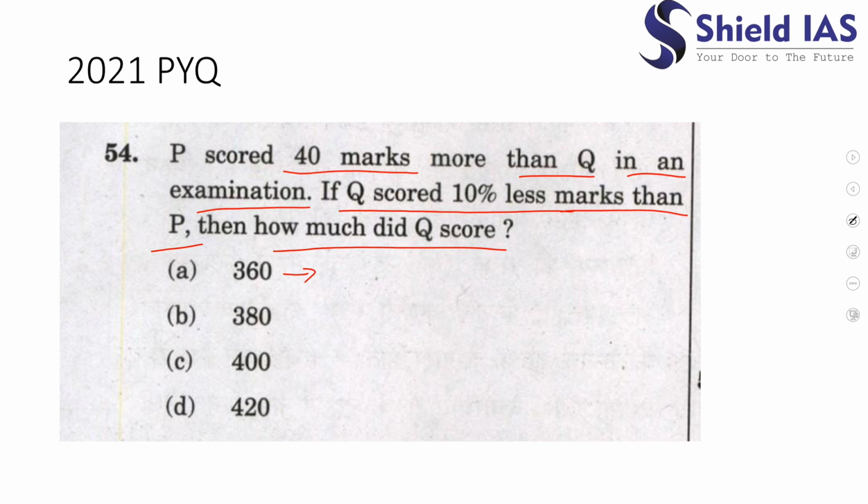So what would be the marks of P? 40 marks more than Q. So P's score would be 360 plus 40, which would be 400. Now what is 10% of P? 10% of P would be 40. And the difference between 360 and 400 is 40. So option A is correct.